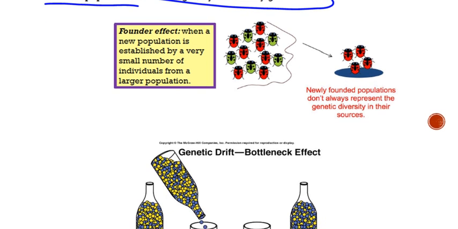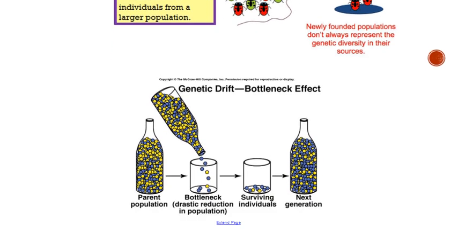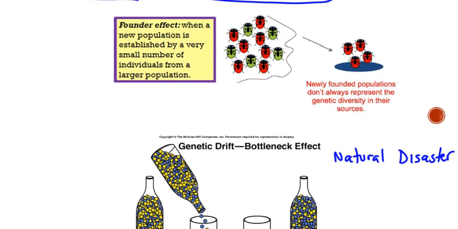And we also have what's called the bottleneck effect, where this is usually going to be some type of natural disaster, a drastic reduction. So if you have a natural disaster occur, you have a population of survivors. And those survivors are going to determine what is in the following generations. So bottleneck is natural disaster, founder effect.